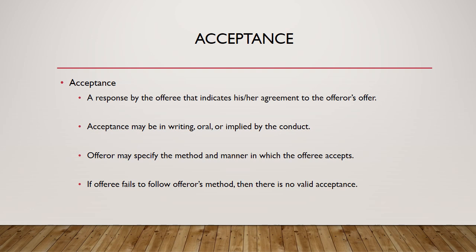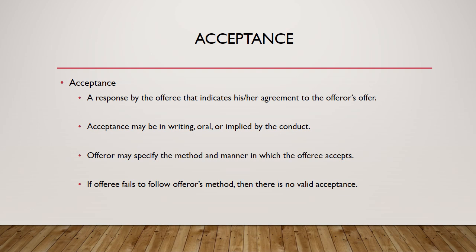A lot of times they may not specify anything, and so then anything that could be construed as an acceptance by conduct, or it could be a written acceptance, it could just be a phone call, it could be a text message. Any method of that would work to create a meeting of the minds because you've had acceptance.